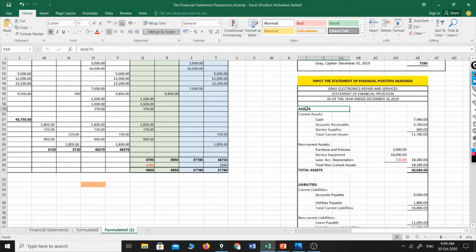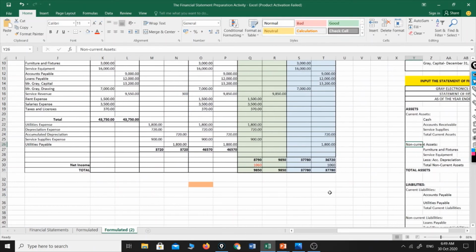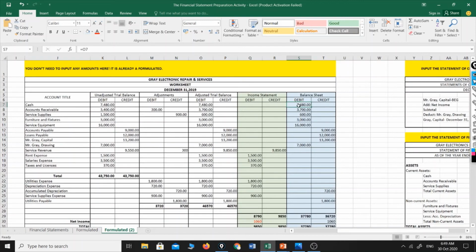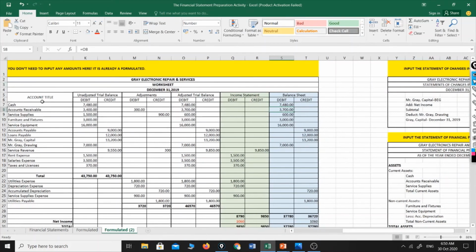Okay, so for the asset, we have the current section and the non-current section. We'll just go over our worksheet and classify all these account titles. So we have cash amounting to 7,480, accounts receivable. We also have service supplies.